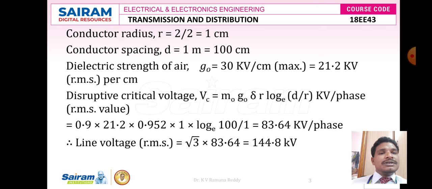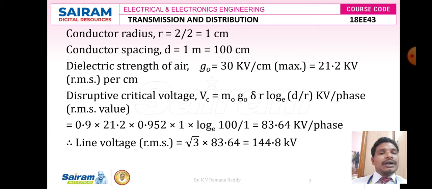Here d, the conductor spacing, is 1 meter, so I can write it as 100 centimeters, and r is 1, so 100 by 1. After simplification, that is 0.9 into 21.2 into 0.952 into 1 into log base e of 100 by 1, we get 83.64 kilovolts per phase.